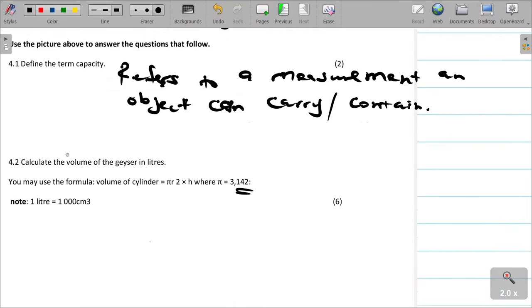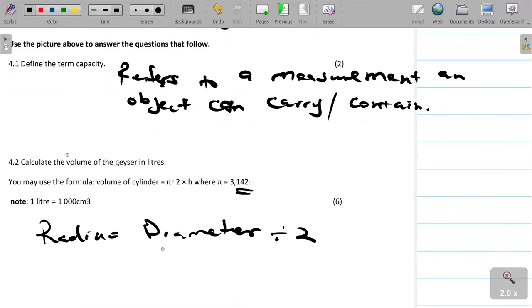So we are saying our radius is equal to the diameter over 2.